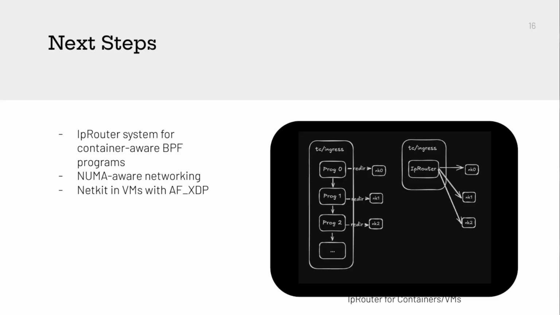And the final one I wanted to mention is the next step for Netkit would be to use it also with VMs. So not just a container, but if there's a VM running on a machine, we could have the same kind of performance benefits using this system called AFXDP.